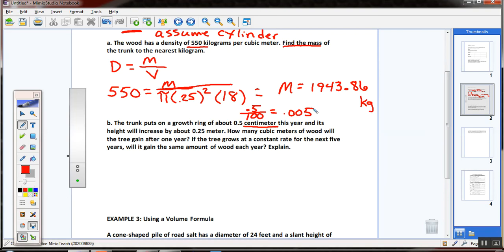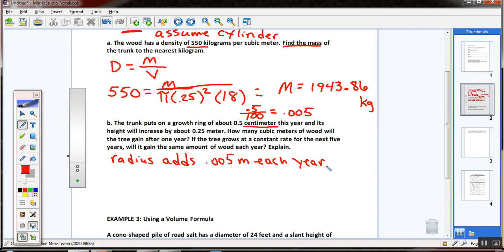So my radius is adding 0.005 meters each year. Okay. How about the height? How did the height change in that year? What did that increase by?